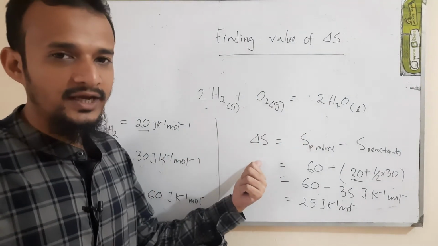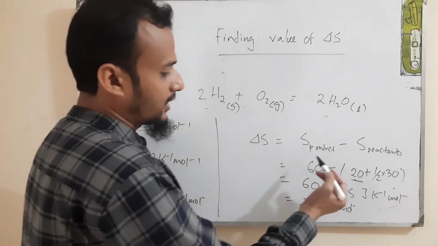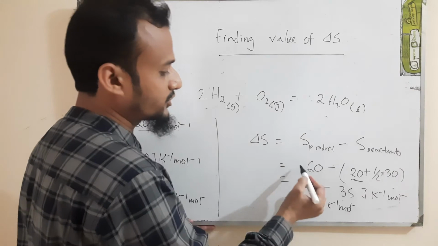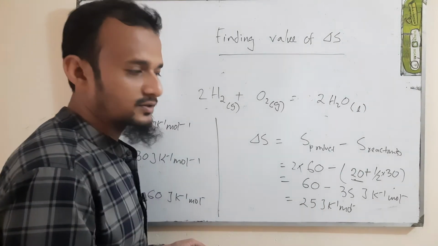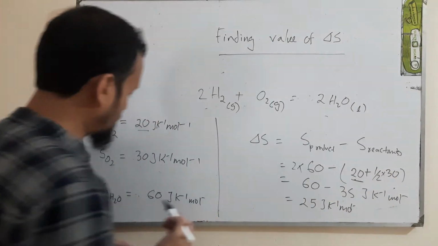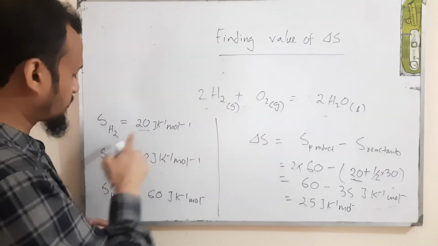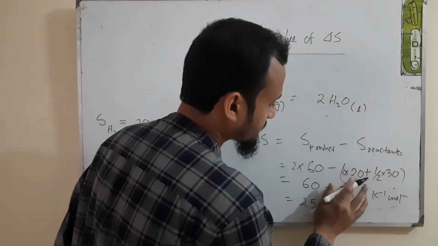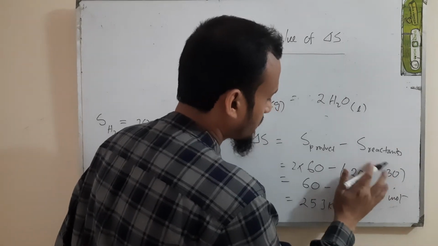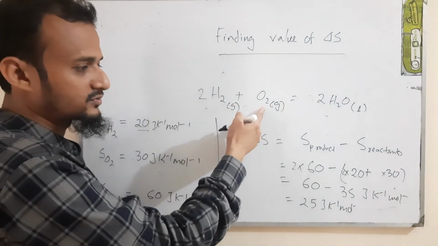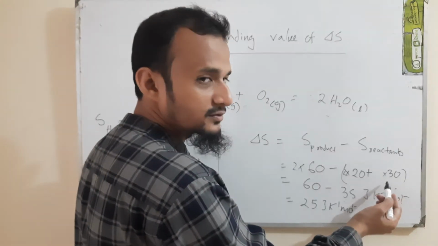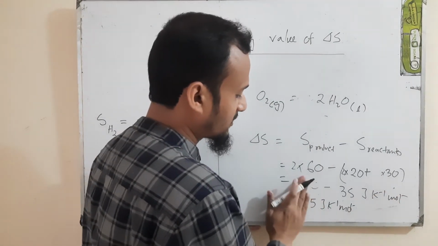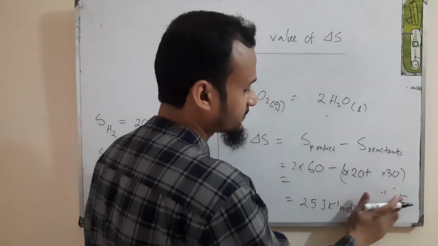How do you calculate delta S? As a product, here it is 2 into 60, isn't it? Then the reactants would be 2 mole of hydrogen. Hydrogen is 20 joule per Kelvin per mole, so it will be 2 into 20. And there is 1 mole of oxygen, so I will just write 30. And what will be the value of the entropy?